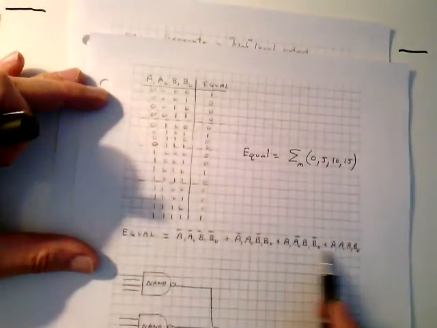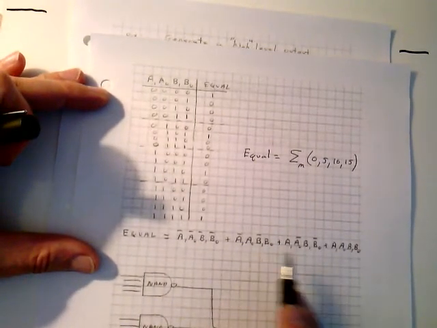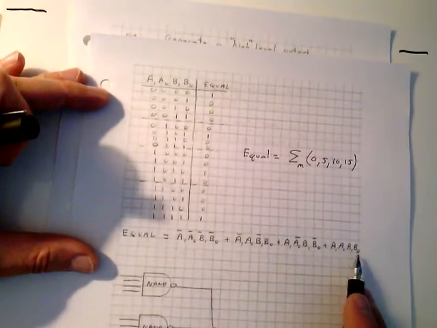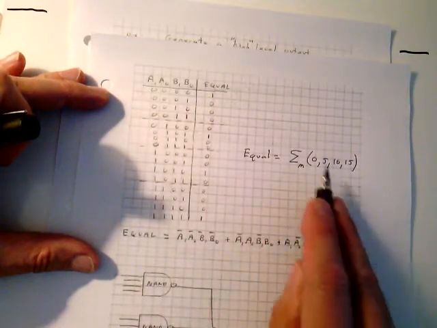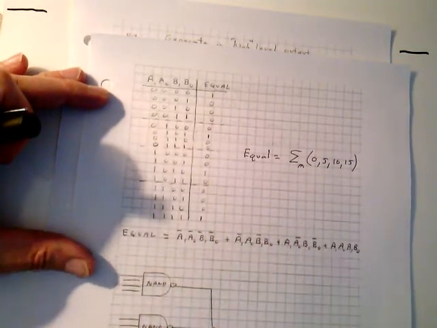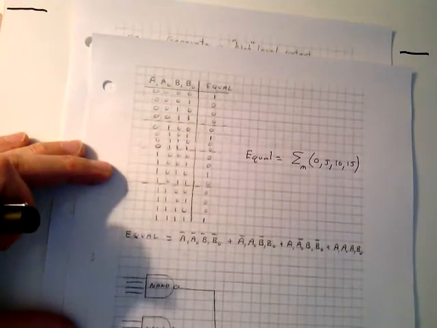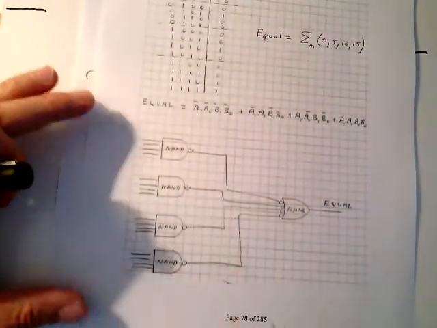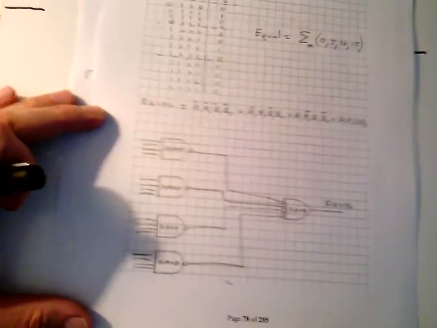And here's the Boolean expression for it. 0, 5, 10, and 15. You should be able to see that. You should be able to see this and this as the same thing. How do you implement that? This is the way I implement it down here. I implement it with all NAND gates.